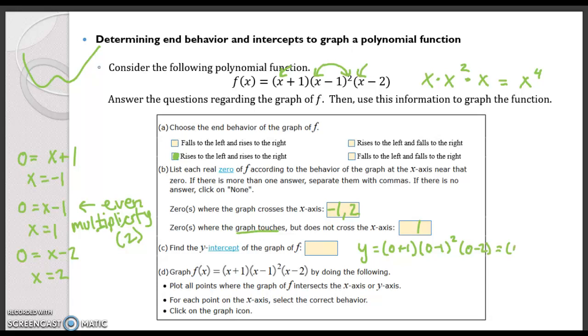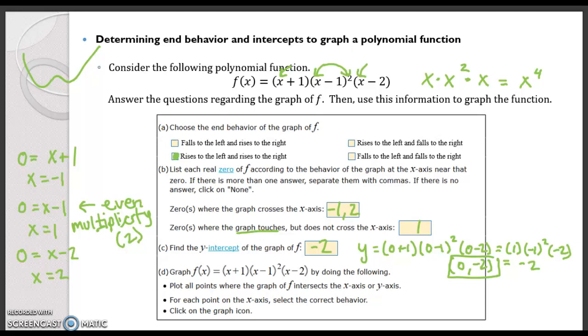That ends up being 1 times -1 squared times -2, which is -2. So the y-intercept is 0 for x, -2 for y. Sometimes all it wants is just -2 for the y-intercept. Sometimes it wants the point, so make sure you know which.